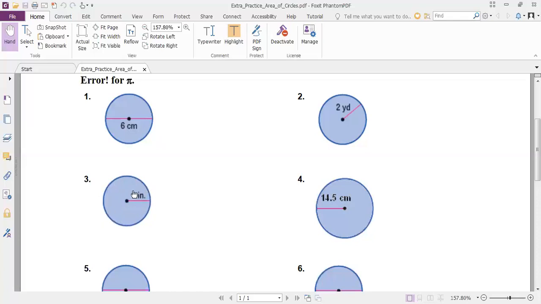If I cut it into small squares, each one is equal to 1 inch. So what is the area of this one? Do you remember the rule again? Yes, pi times r squared, or r power 2.